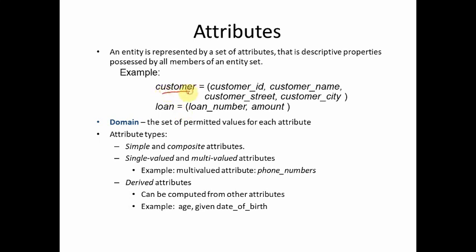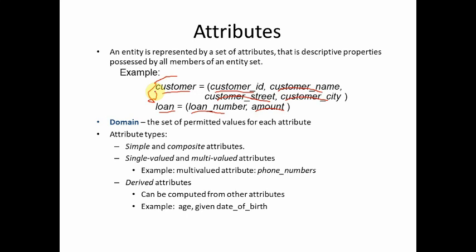These are the attributes that tell us more about the customer: customer street, customer city. When it comes to loan, we have a loan number and an amount. So generally, at the end of it all, we try to find what the relationship is between customer and the loan. That's what we are looking for.